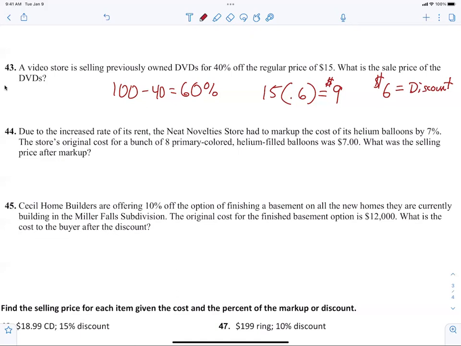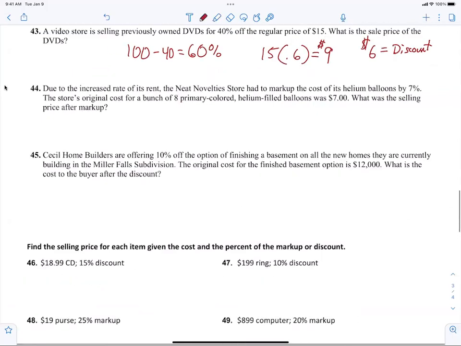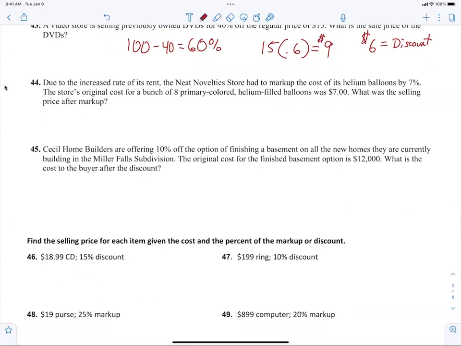All right. Tell me about 45. Cecil Home Builders are offering 10% off optional finishing the basement on all new homes they're currently building in the Miller Falls subdivision. The original cost of the finished basement option is $12,000. What is the cost to the buyer after discount?